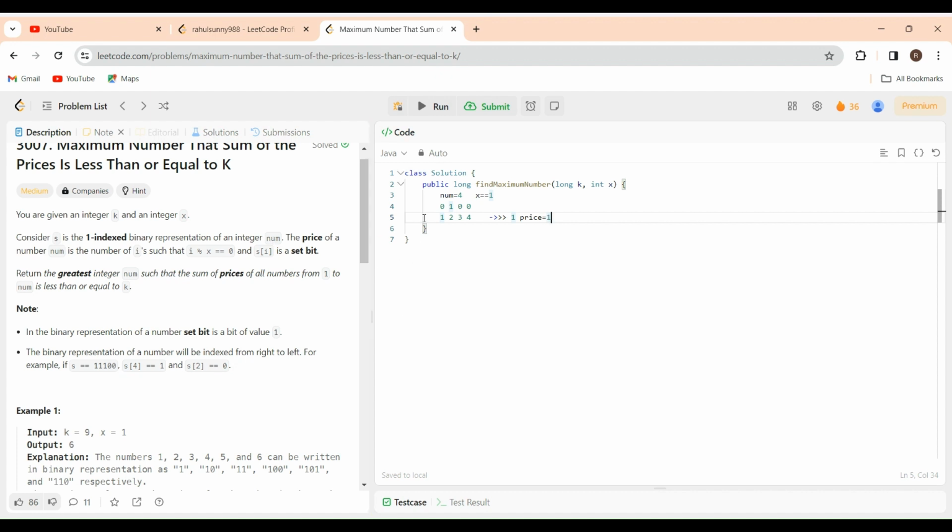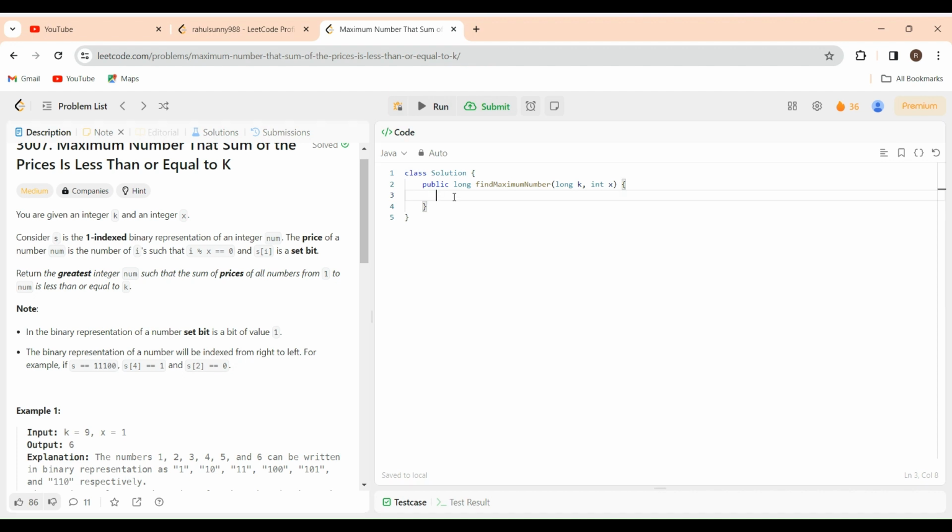So we understood the statement here. Now return the greatest integer num such that the sum of prices of all numbers from 1 to num is less than or equal to k.